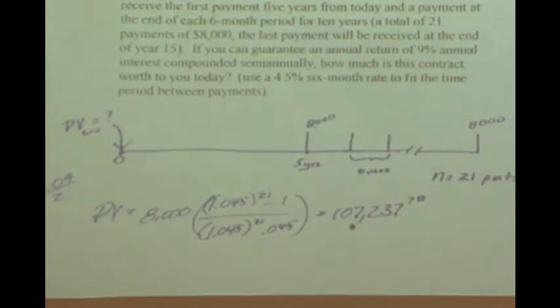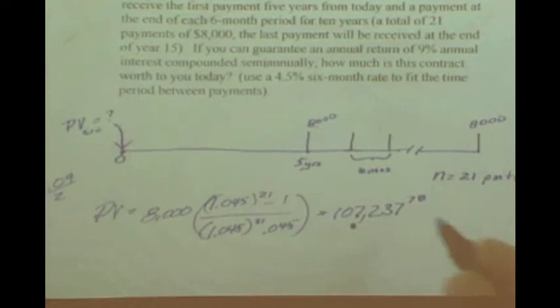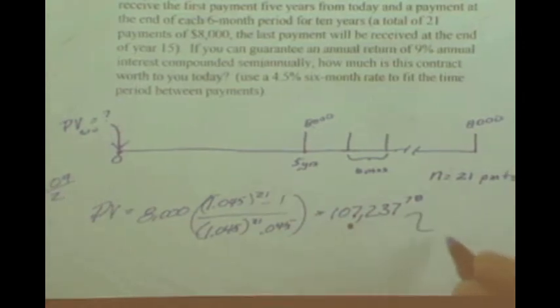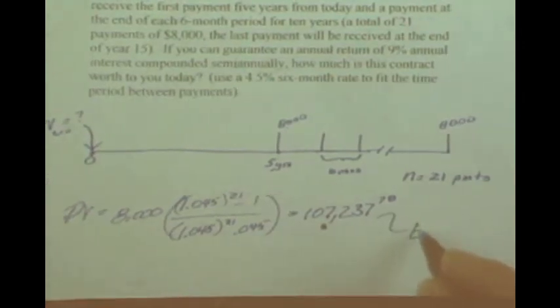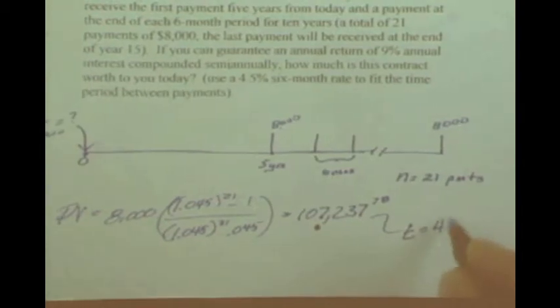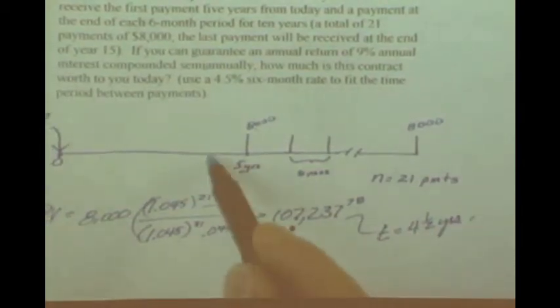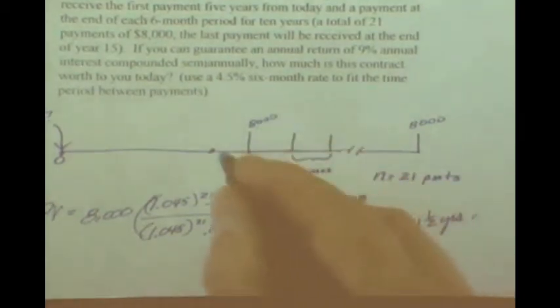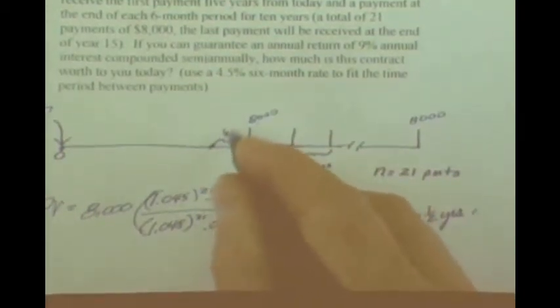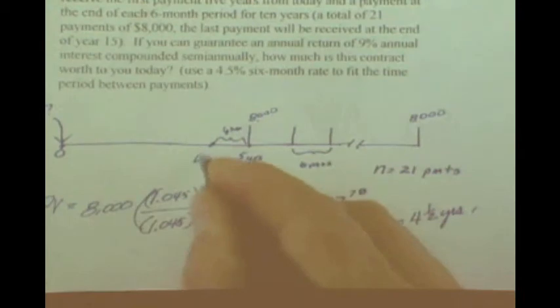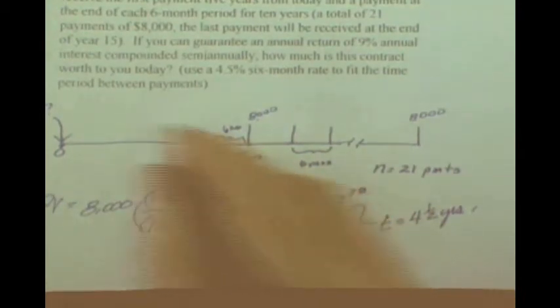The first payment comes 5 years from now. There's 6 months between payments. So the present value equation has given me a lump sum amount at time 4 1/2 years. And I want to move it back. I don't want it to be at 4 1/2 years. I want it to be at time 0.